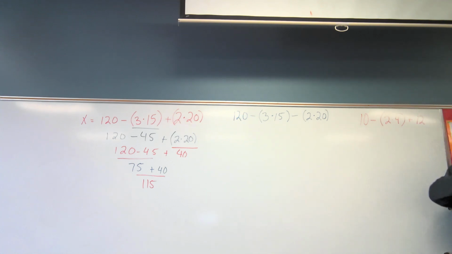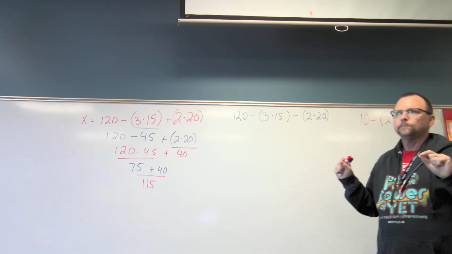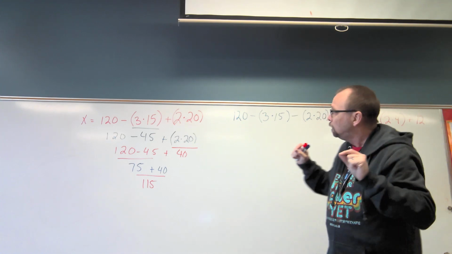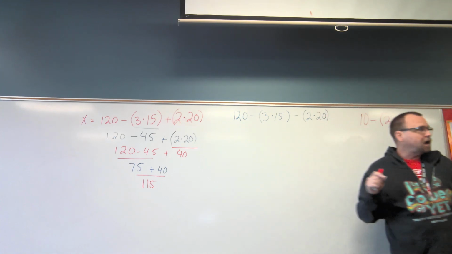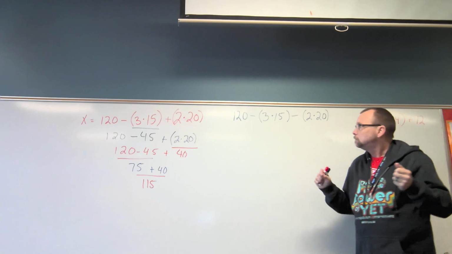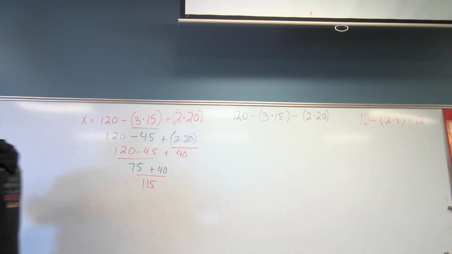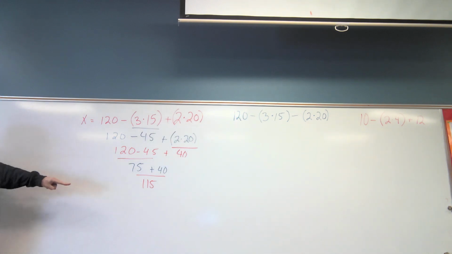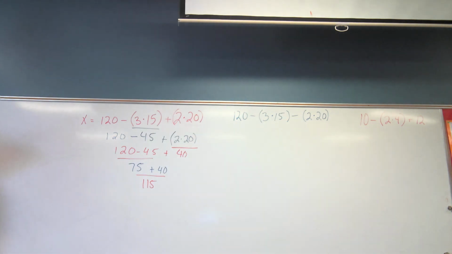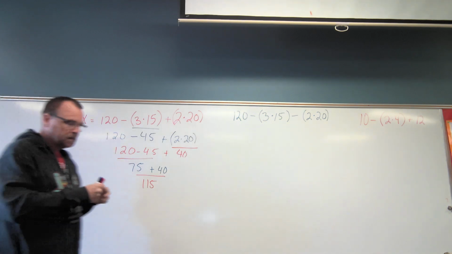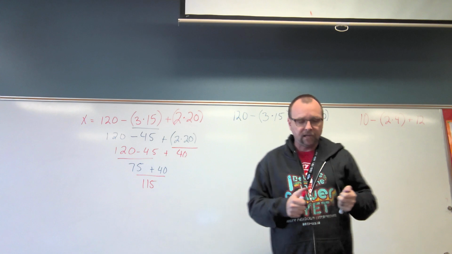Does that answer make any sense? If they used 15 lemons an hour for 3 hours, and then they used 20 lemons an hour for 2 hours, does it make sense for them to have 115 lemons left? Are we listening at all? It does not.